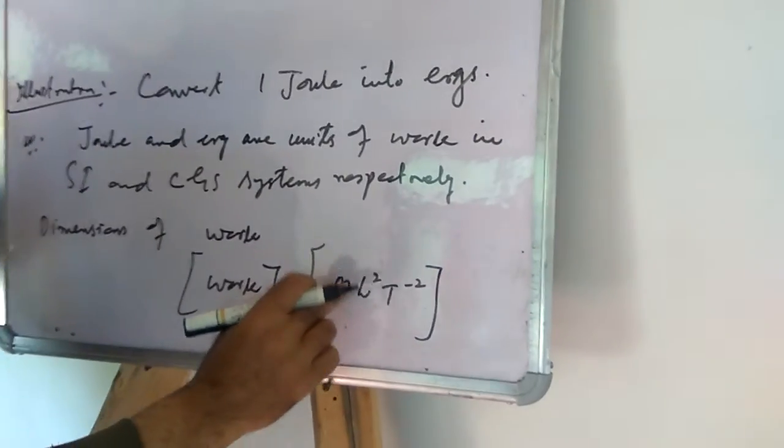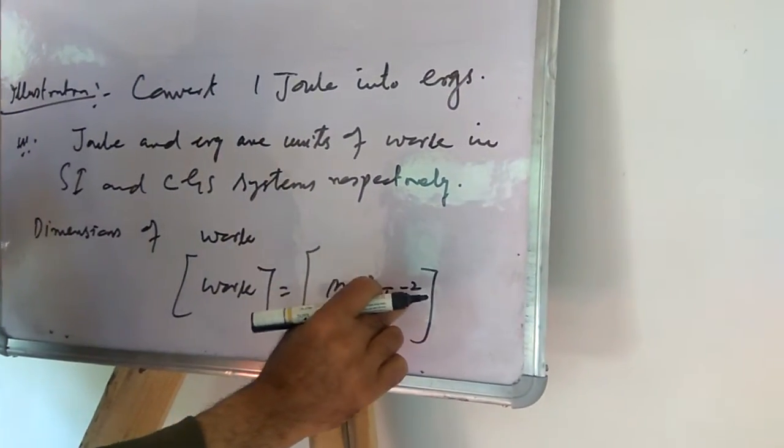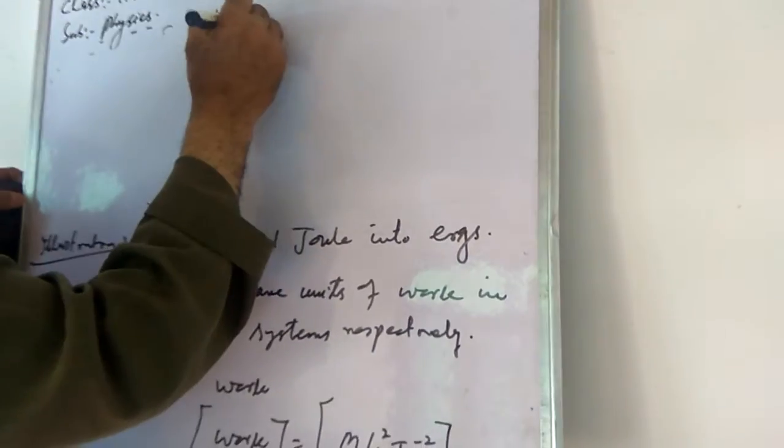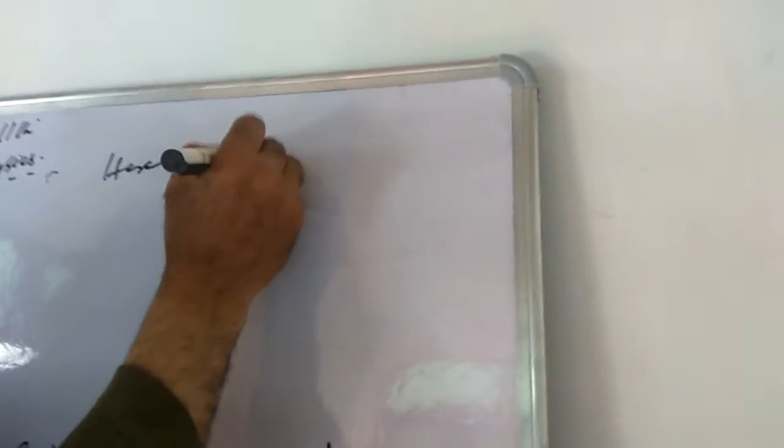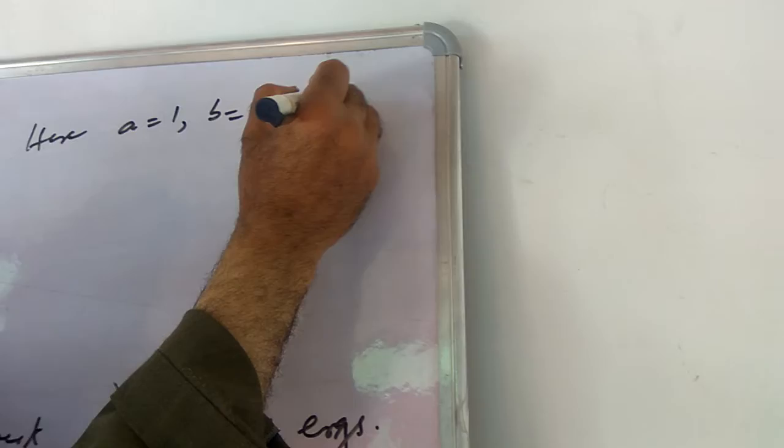Here a is equal to 1, b is equal to 2 and c is equal to minus 2.